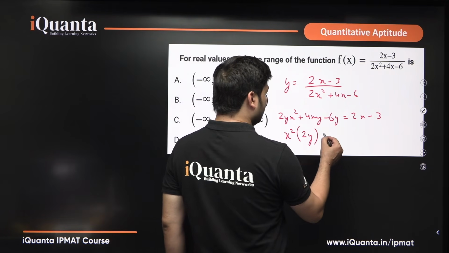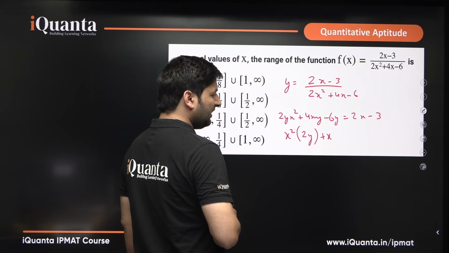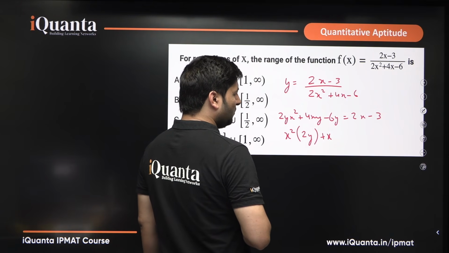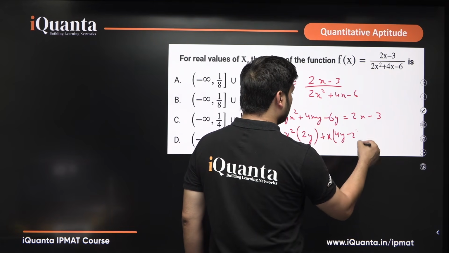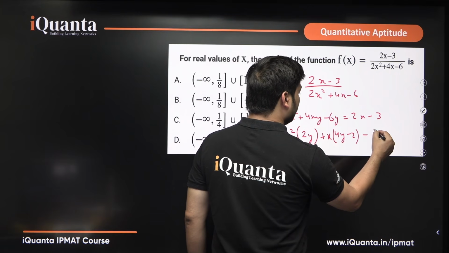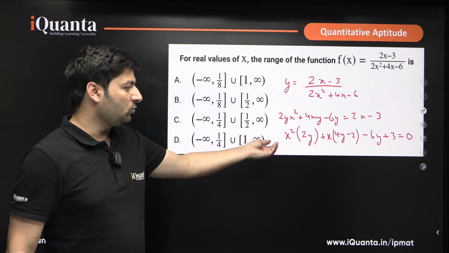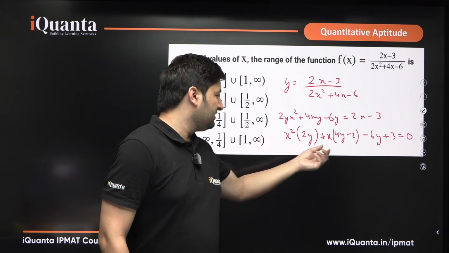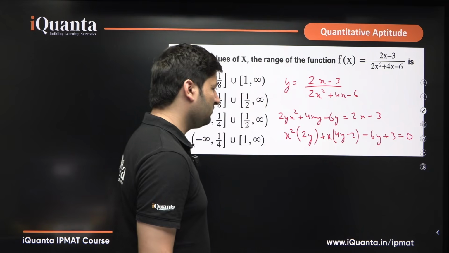Then you take x common, so you get 4y minus 2. And finally, you get minus 6y plus 3 equal to 0. You have got a quadratic equation in terms of x. So, this is the coefficient of x square, this is the coefficient of x, this is the constant term.